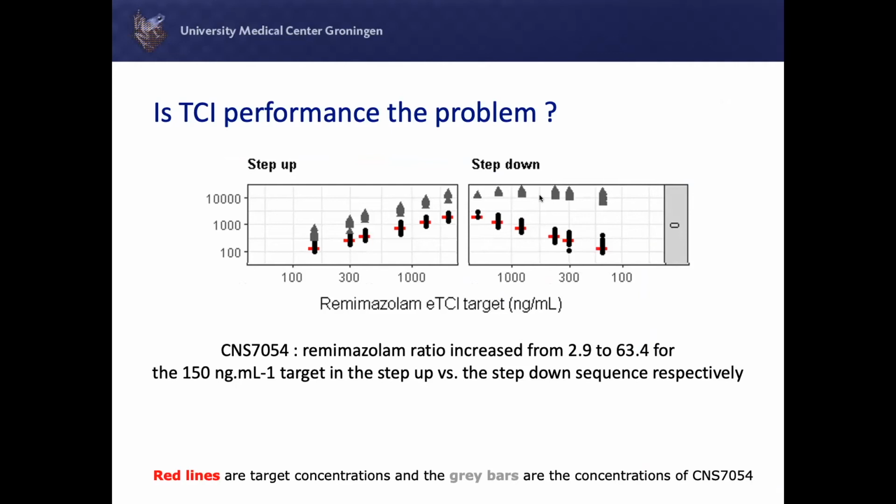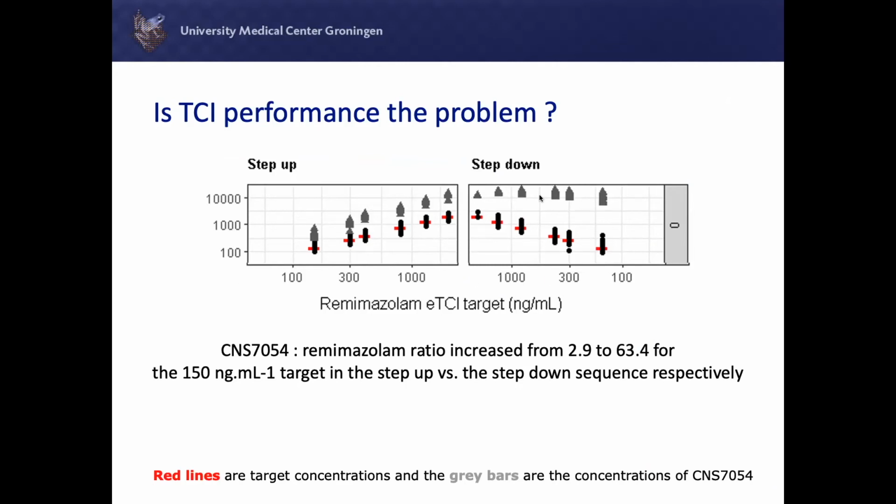The red lines show the target concentrations that we have set. The black dots show the measured concentration of Remimazolam that we saw in our volunteers. And the gray is the concentration of the main metabolite. As we can see here, our model performed quite good.